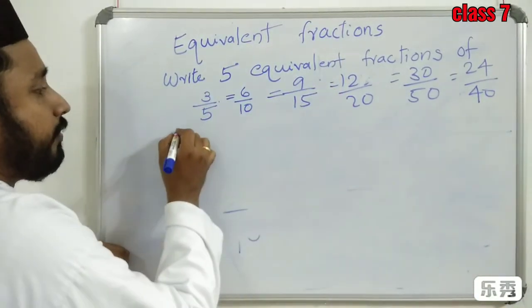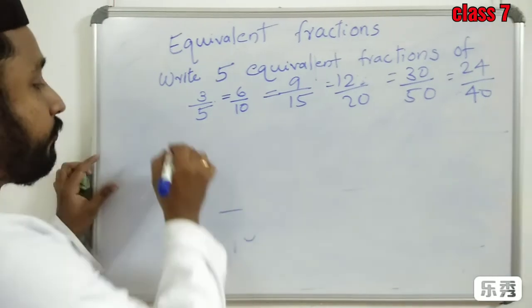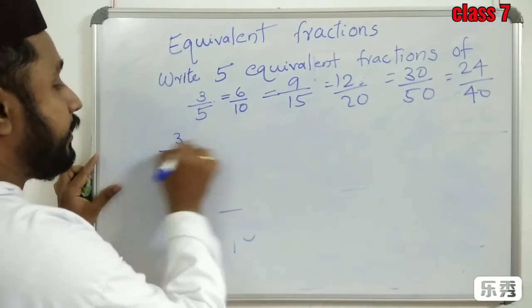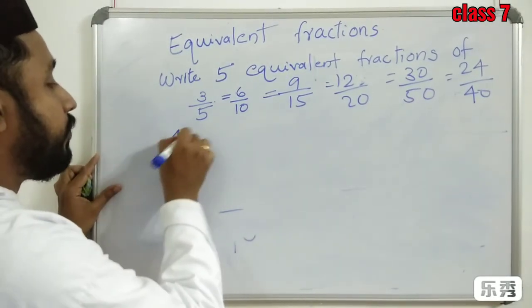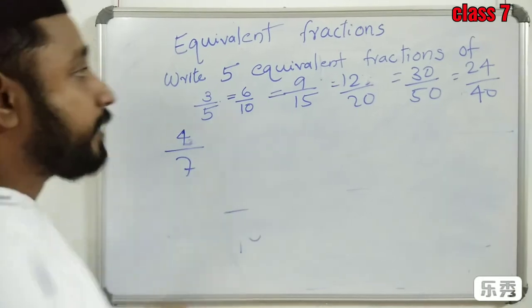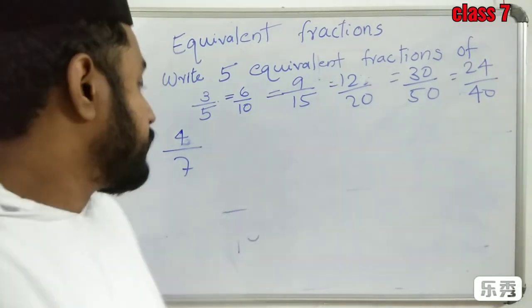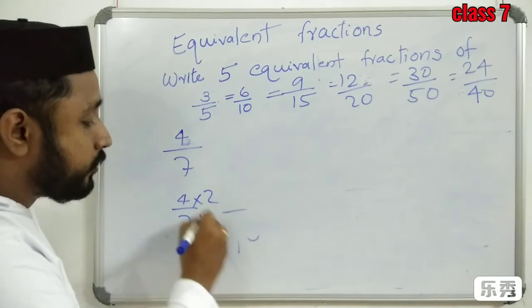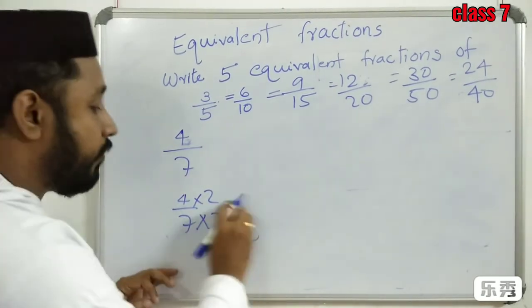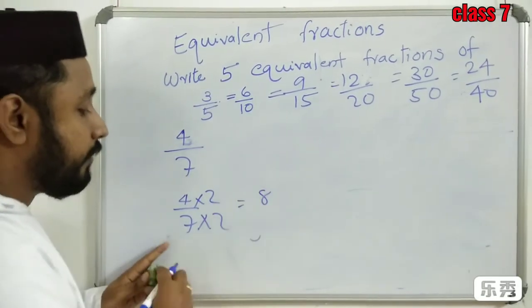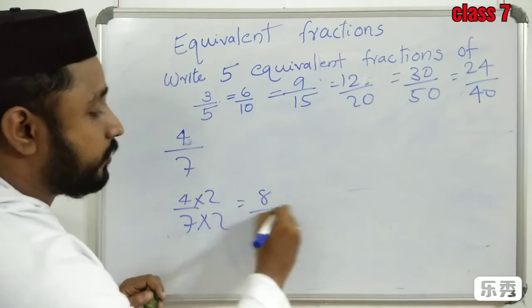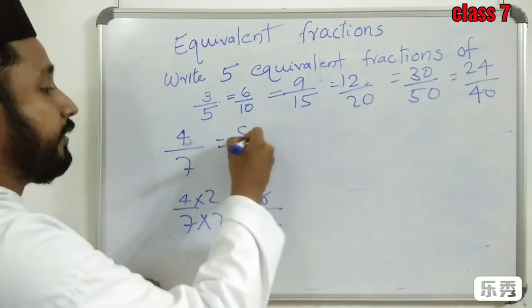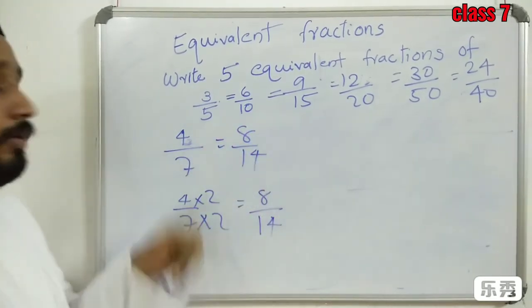Another question. Write 3 equivalent fractions of 4 by 7. We have to write 3 equivalents of 4 by 7. How will you get them? Multiply with 2. What is the answer? 4 into 2, 8. 7 into 2, 14. So, 8 by 14 is an equivalent of 4 by 7.